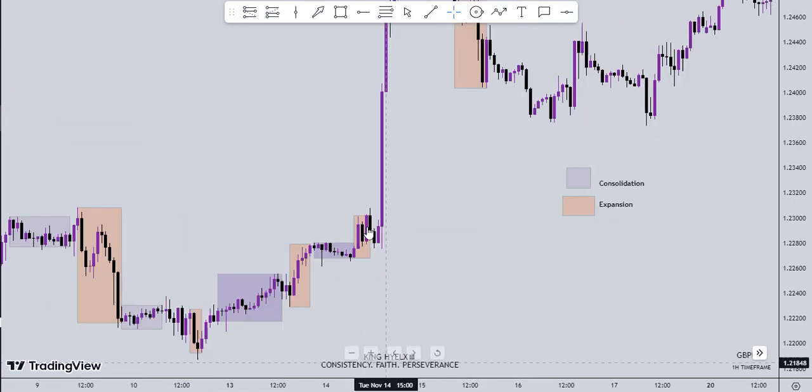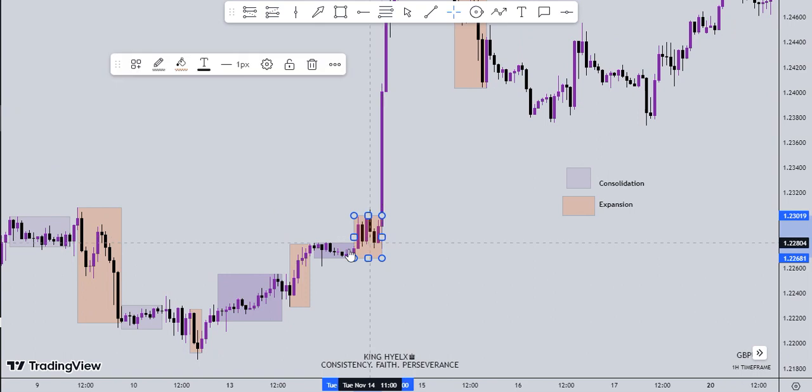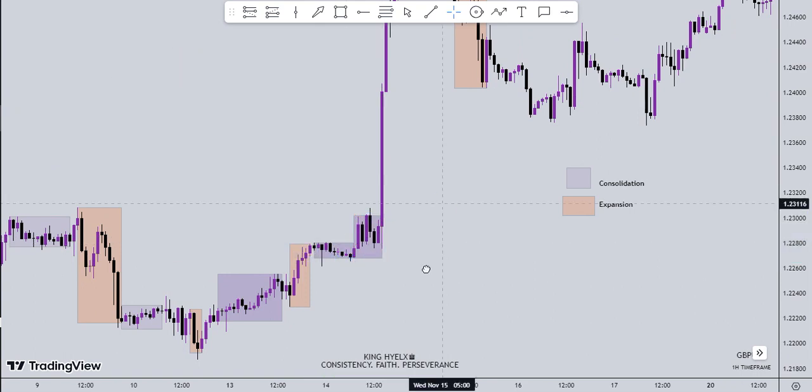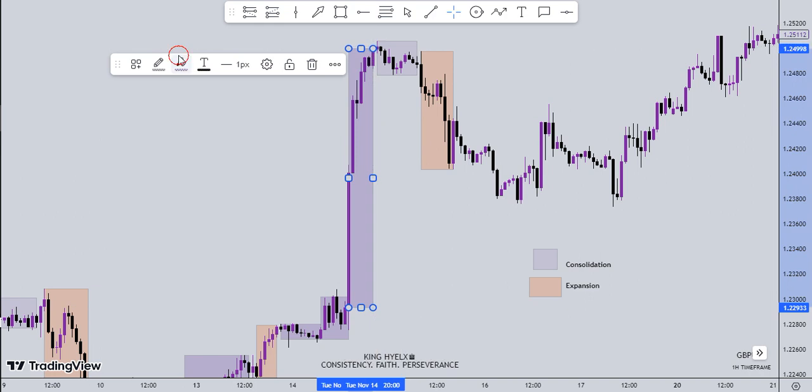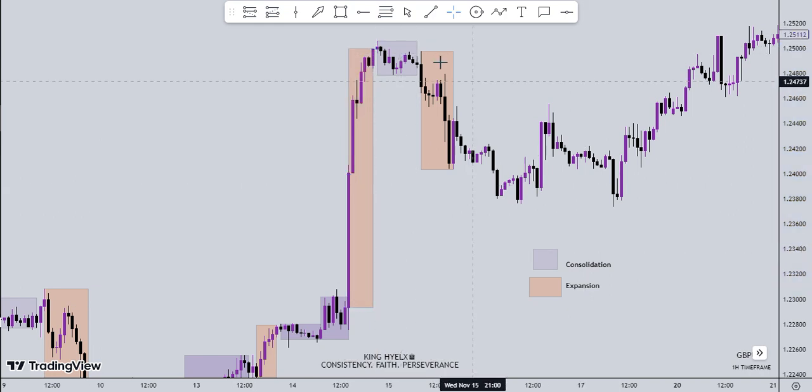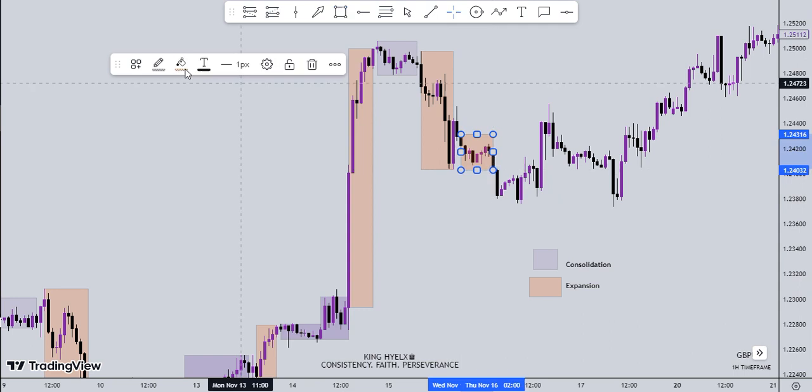So what now happens here? Right, let's outline this as a consolidation that happened before what? An expansion. See this move, an expansion, then went back into consolidation, expanded. What happened here again? We consolidated.